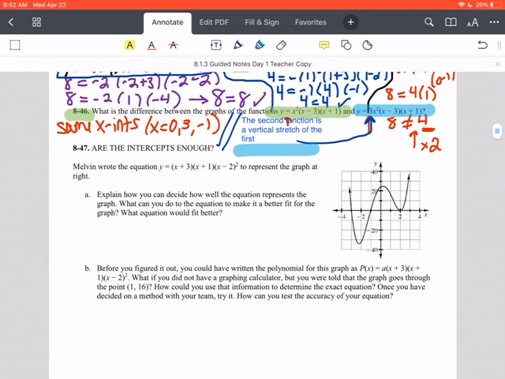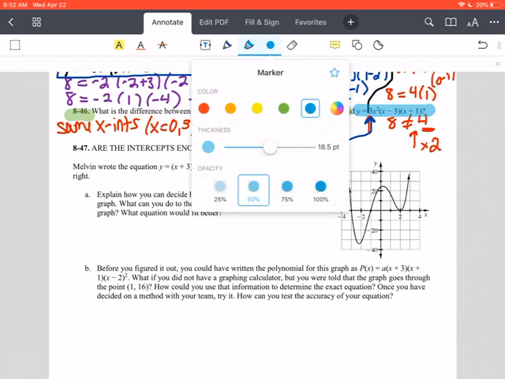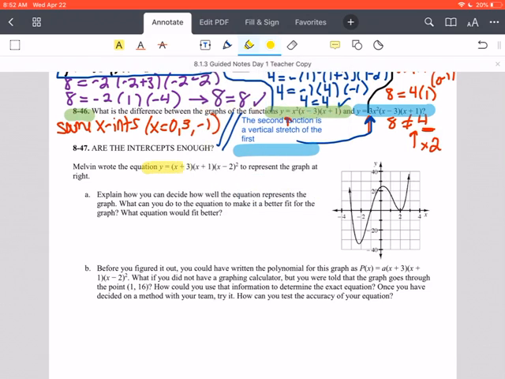We have to consider the stretch that is going on vertically to the graph. So if we think about the equation that a student wrote for the graph that you see on problem 47, the claim is that this function represents the graph at right.